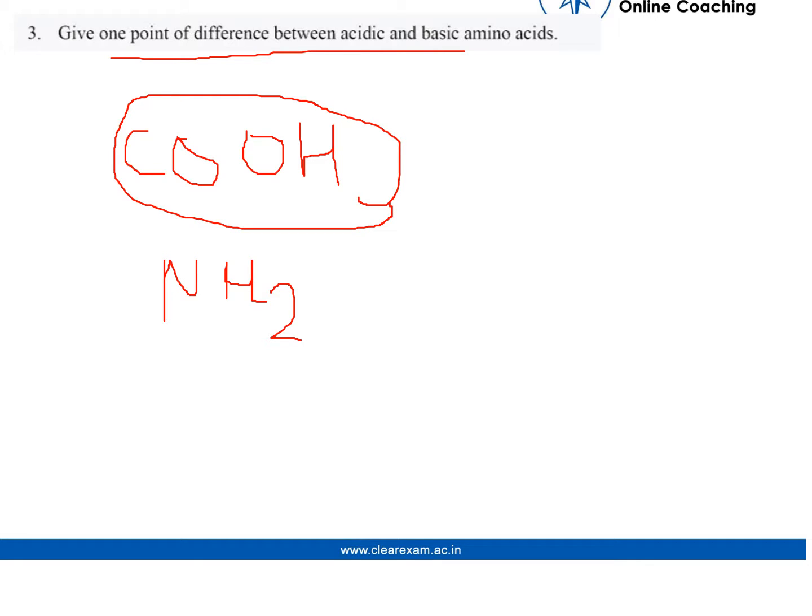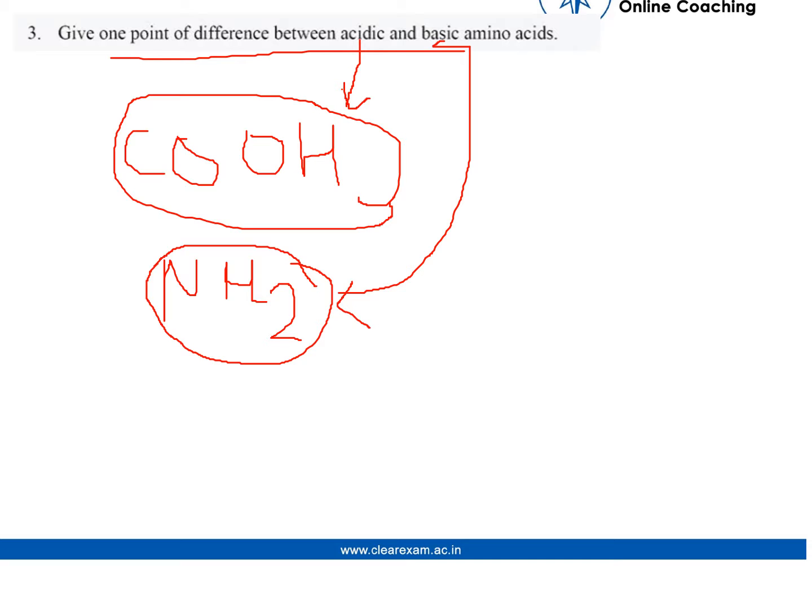That is, acidic amino acids have an extra carboxyl group, so they bear a negative charge, and basic amino acids contain an extra NH2, so they bear a positive charge, and this is the main difference between them.